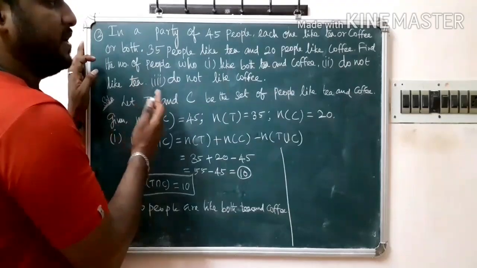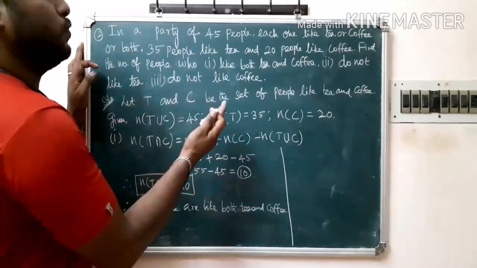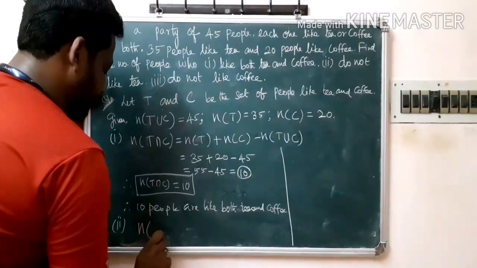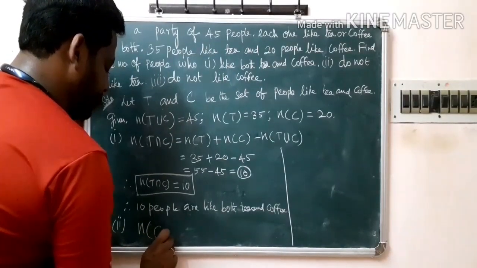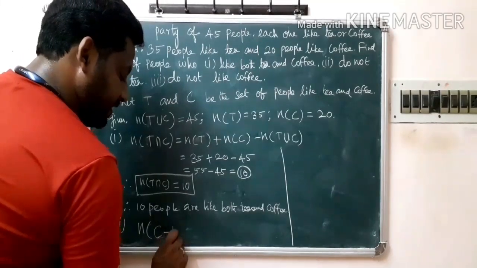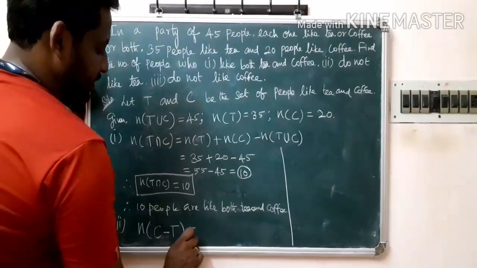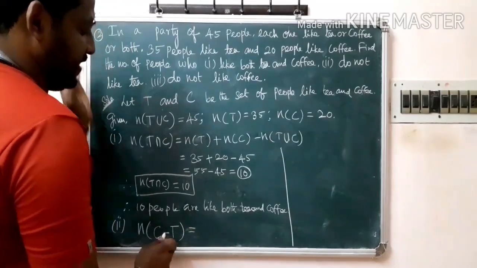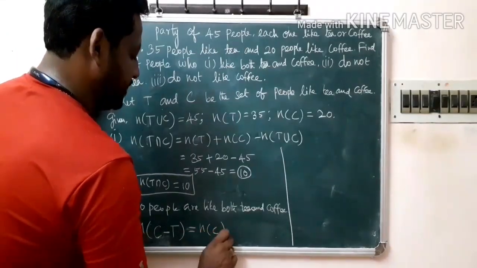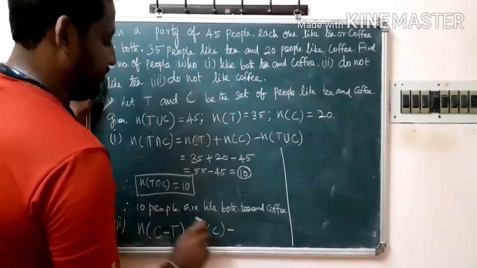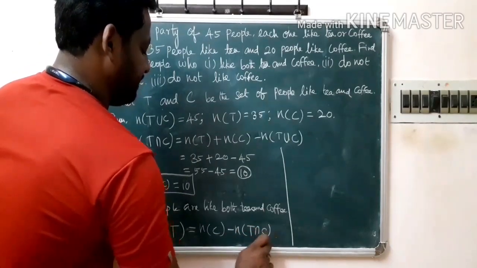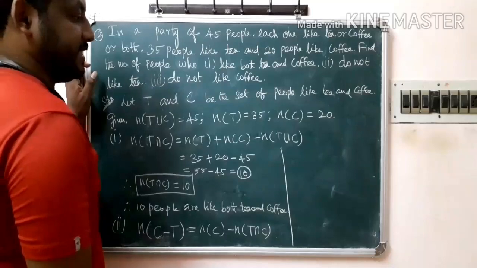Do not like tea means we have to find who like only coffee. That means N of C difference T. N of C difference T means we have to subtract the intersection part, that is N of C minus N of T intersection C. That means we have to subtract the intersection part.